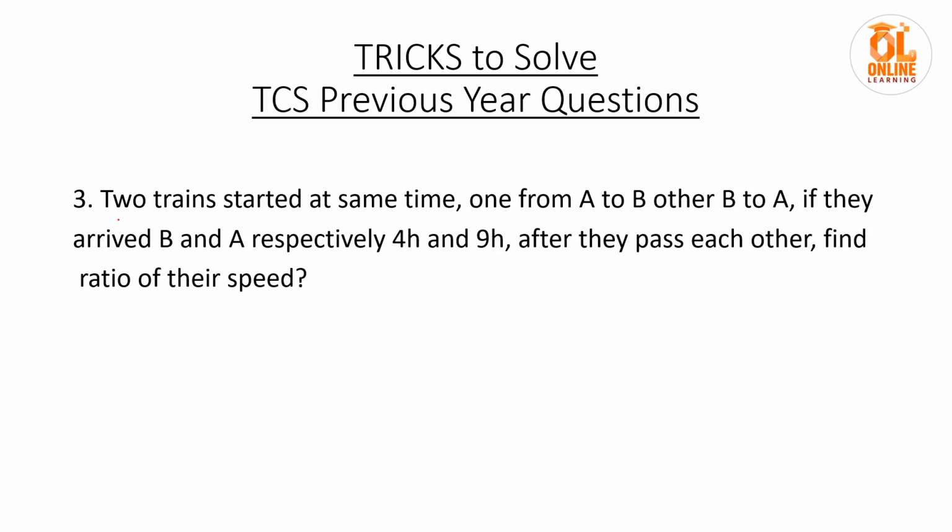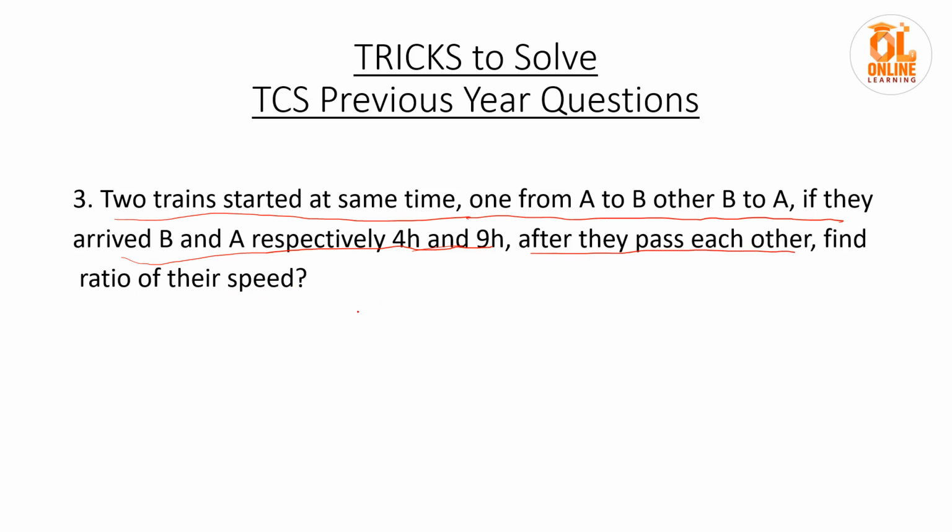Again a very easy question if you know the trick. It is given two trains started at same time, one from A to B, other B to A. If they arrive at B and A respectively in 4 hours and 9 hours, this line is important, after they pass each other, find the ratio of their speed.